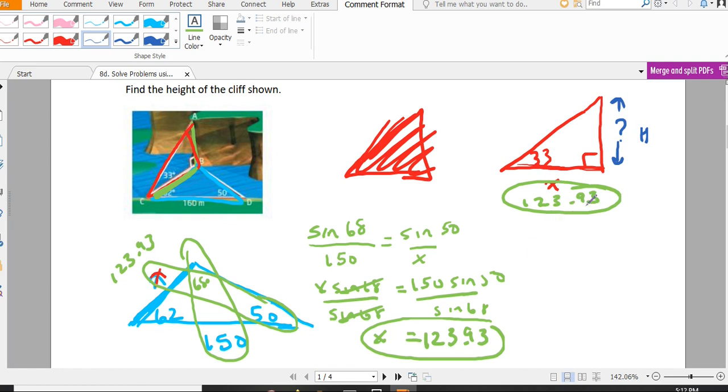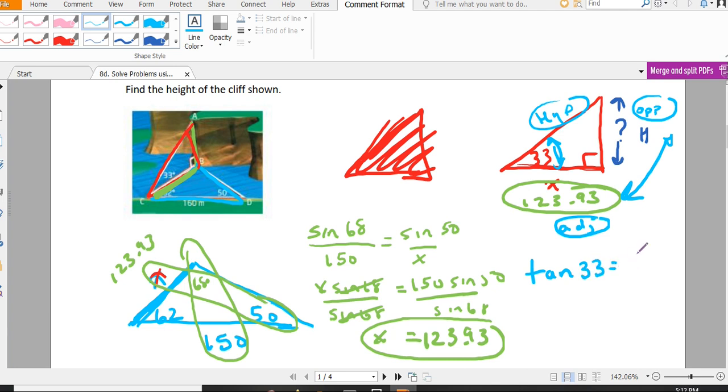Now we can use this with SOHCAHTOA to solve for our height. Now if this is the angle, then this is our opposite side. This is 90 degrees, so this is our hypotenuse, which means this is our adjacent, which means I need one that uses opposite and adjacent, and that's going to be tan of 33 equals h, our height, which is our opposite side, over adjacent, over 123.93.